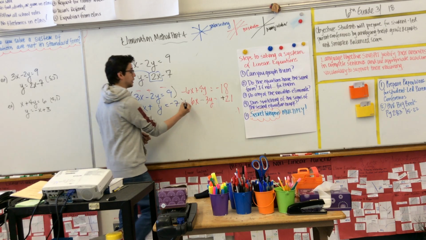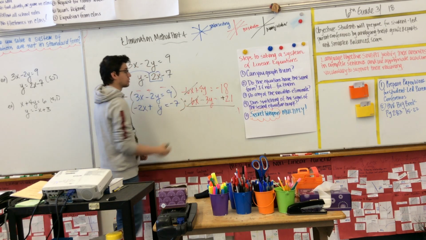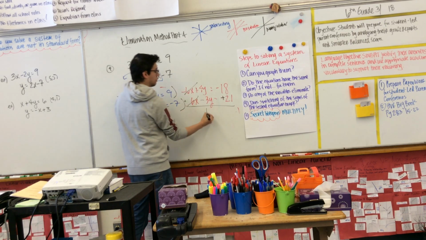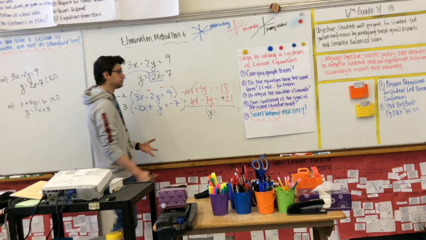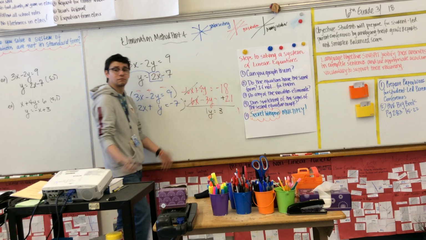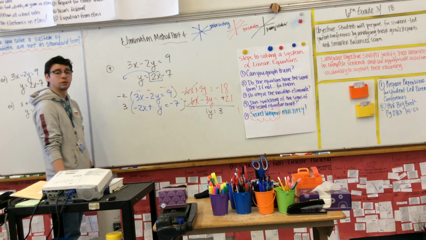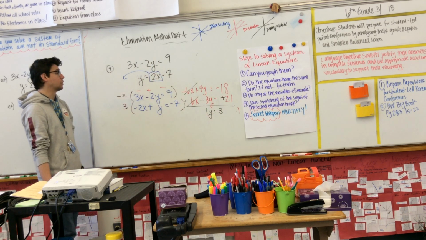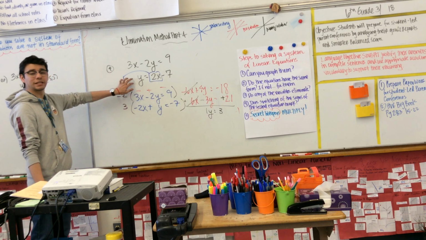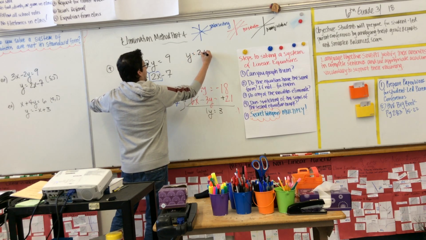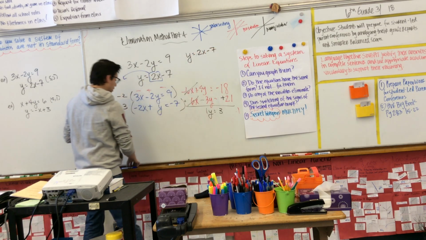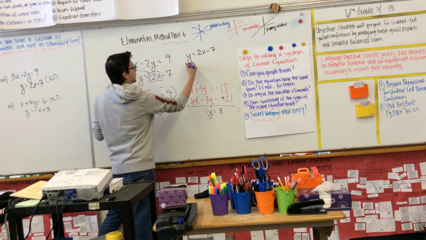Now it worked. Hopefully you see it. Cancels, cancels. 4y minus 3y, 1y. 18 minus 21, different signs, subtract. 3. There it is. Simple. y equals 3. Get your original equations. I'm going to use this one just for kicks: y equals 2x minus 7. y is 3.